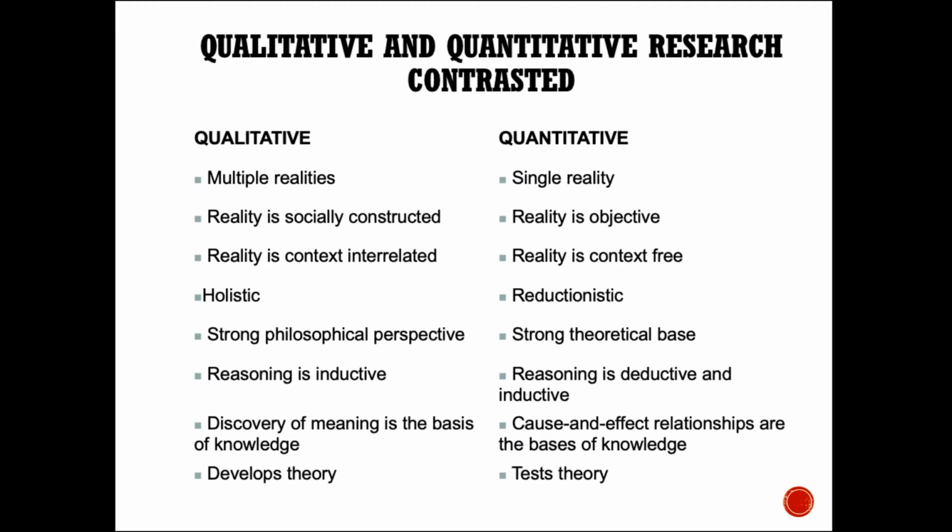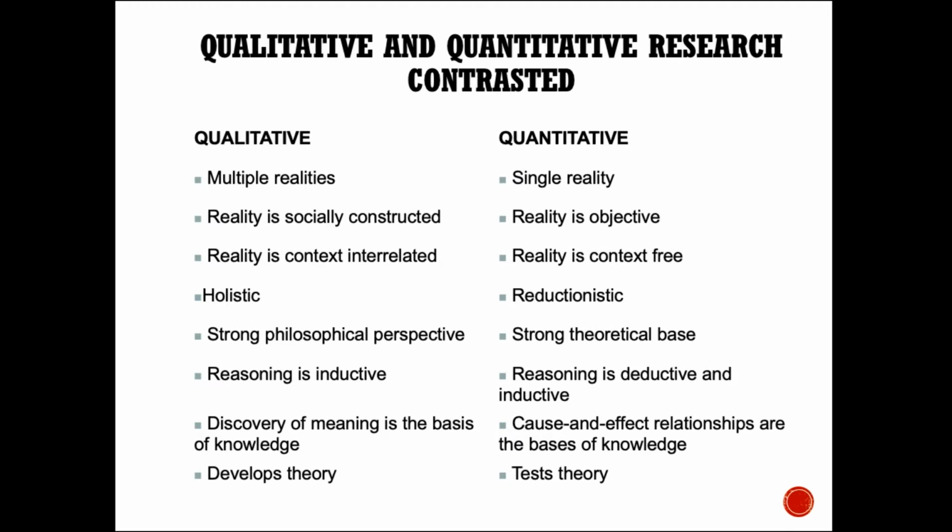And in qualitative, the reality is socially constructed since the data is gathered from people who are more social in their nature. But in quantitative, the reality is objective. It means that we deal with numbers, and when we get the conclusion, it is objective because if we found that there is a positive relationship, then it is a positive relationship.